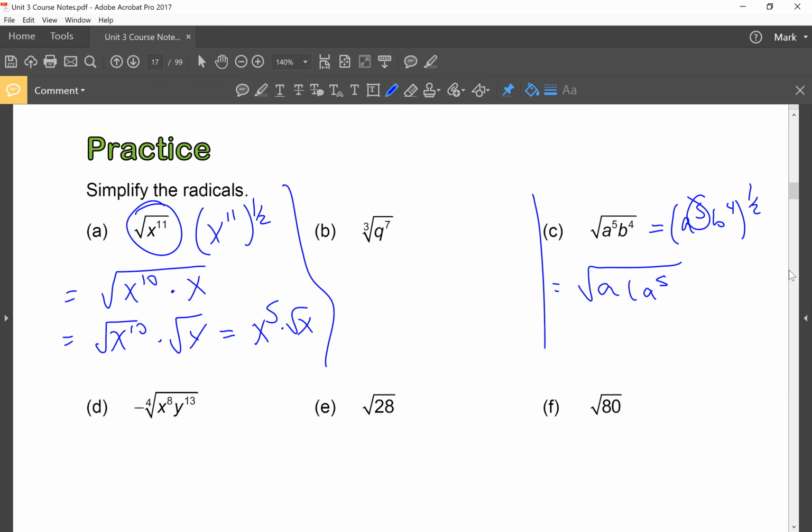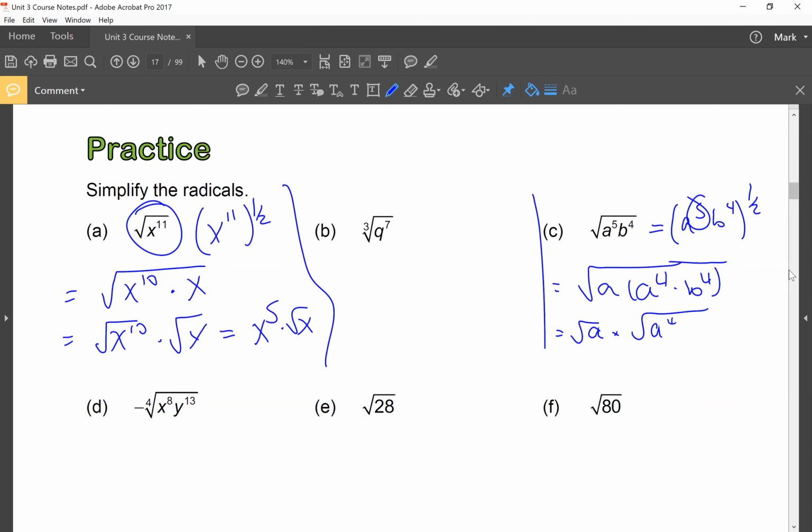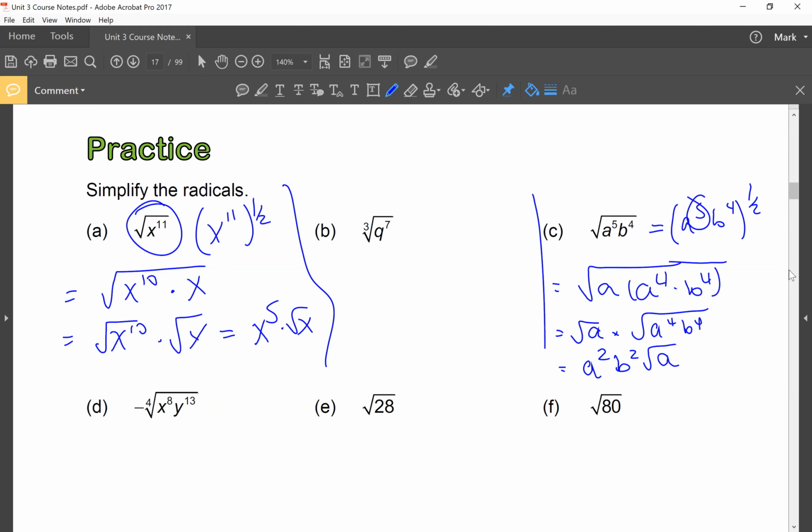I take an a away. Now I can take the square root of everything. This will end up being root a times a to the 4 b to the 4. So what I end up getting is a squared b squared times the square root of a.